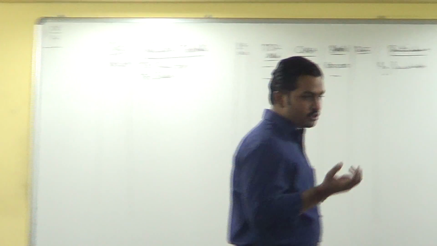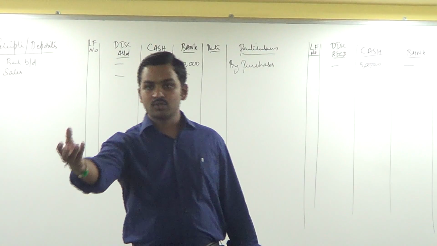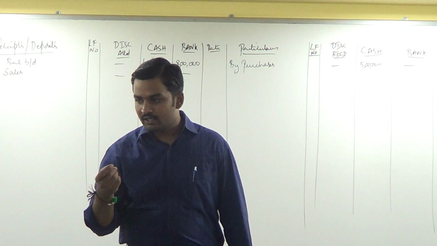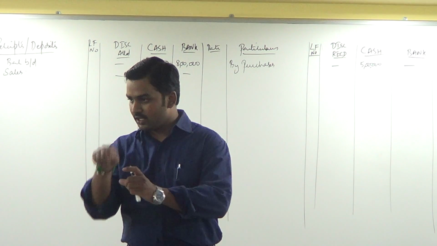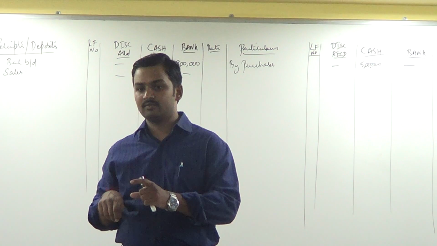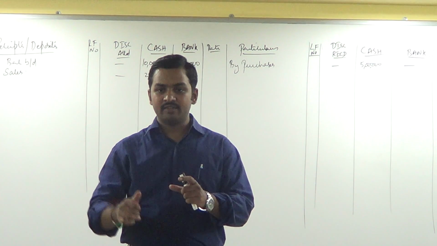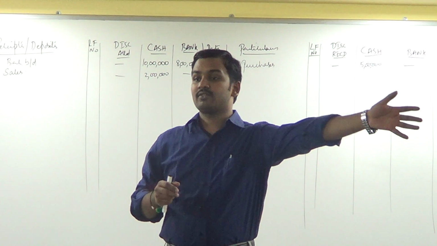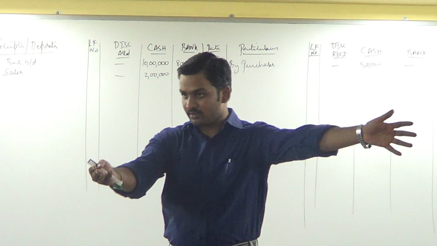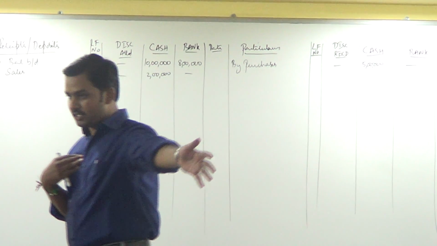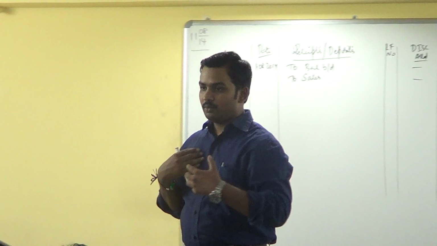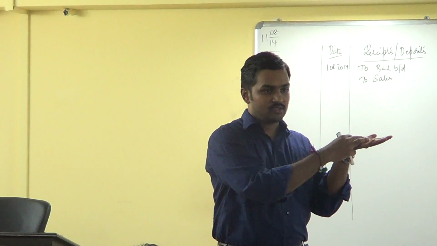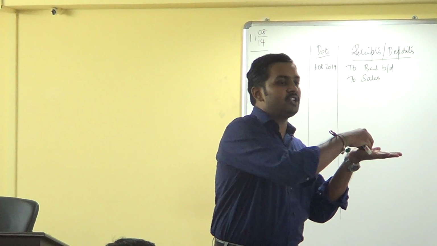Few customers came to your shop, they have purchased the goods from you, you have sold the goods to them. Instead of paying money, they give their debit card or credit card details to us. We swipe it on the swiping machine, we enter the amount and then we send the information to our bank. What happens? Immediately money will get transferred from the bank account of the customer into the bank account of the business. So now we are receiving money, but not in the form of cash. The money is getting deposited in our bank account.